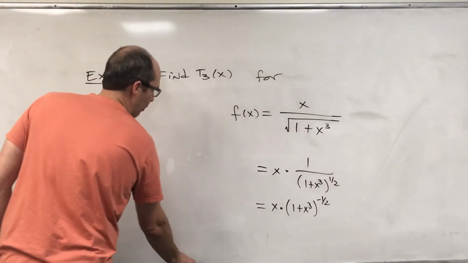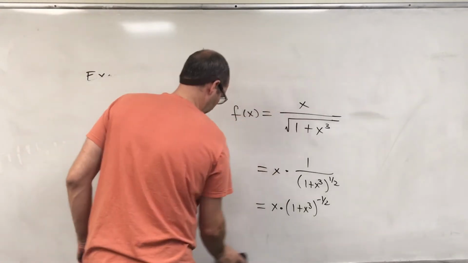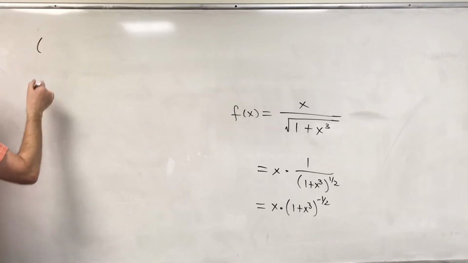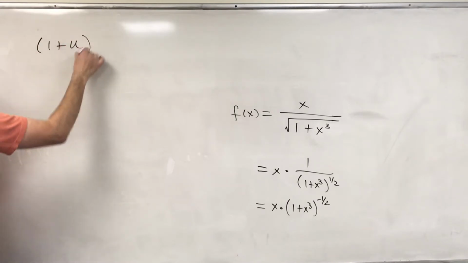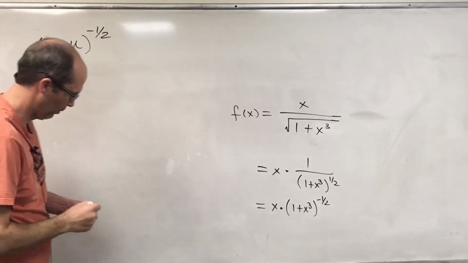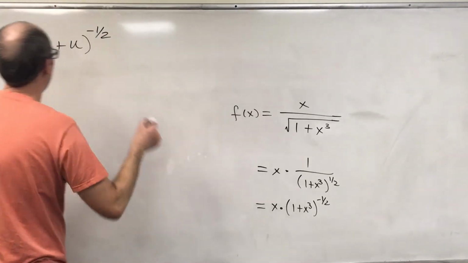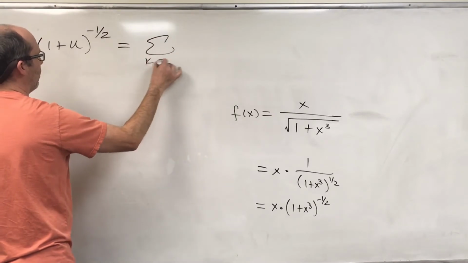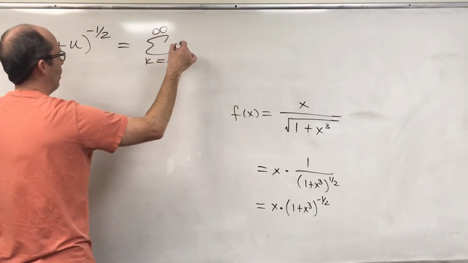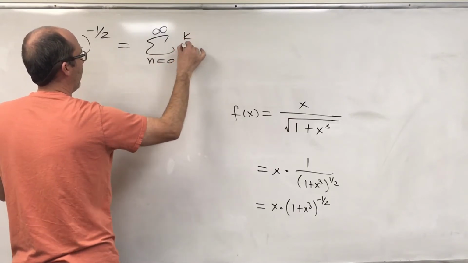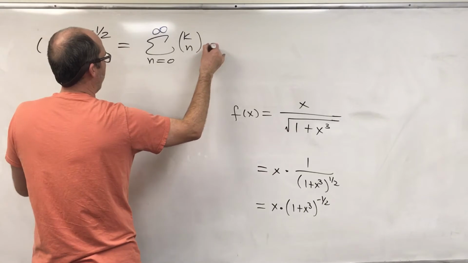All right, so the first thing we're going to do is find the binomial expansion of 1 plus u to the negative 1/2. Remember that there is an n here, you have k and n, x to the n.